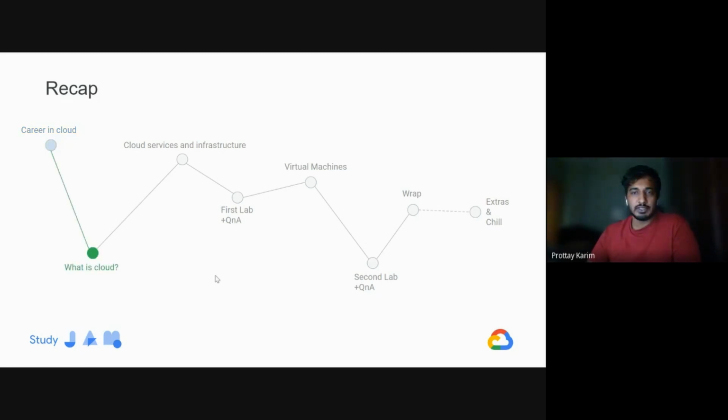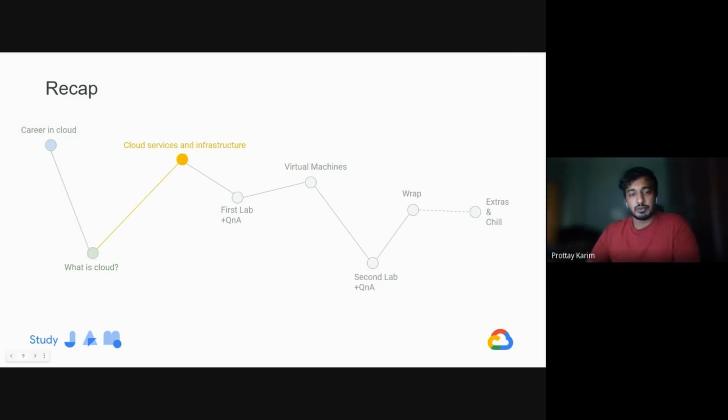And then we moved on to what is cloud. We defined it at a very basic level as getting things done on someone else's computer, a computer that you have access to that is on the cloud, or you access it via internet and you can delete it later on.